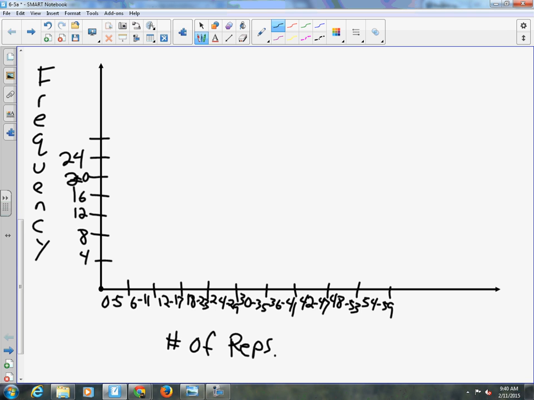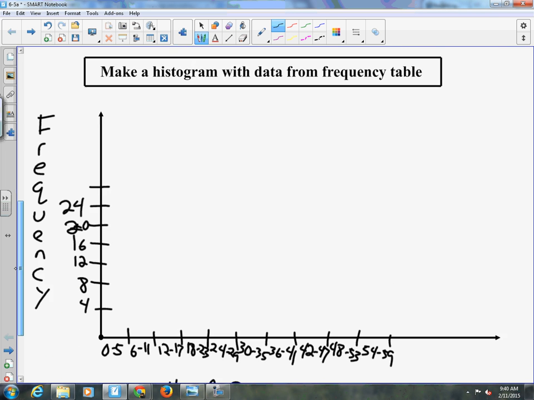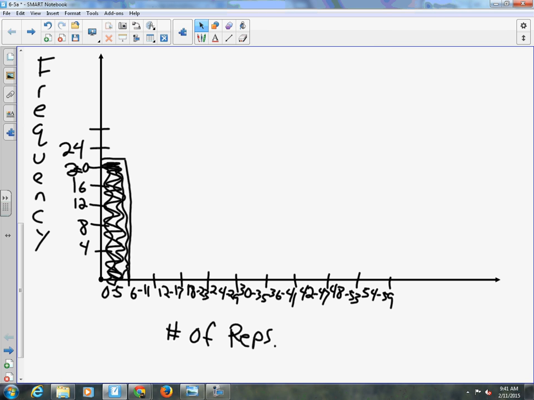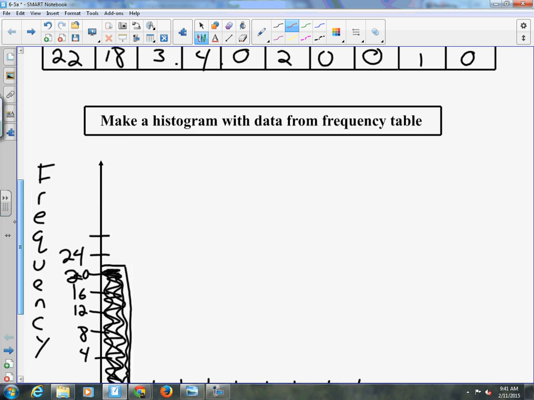This is a histogram. It's a little different than a bar graph. My first number, my 0 to 5, had 22 in it. So I find my line at 22, and then I'm going to color it in. Now in a histogram, I want all of these to be touching. My next one's going to be the next color. 6 to 11 was 18.